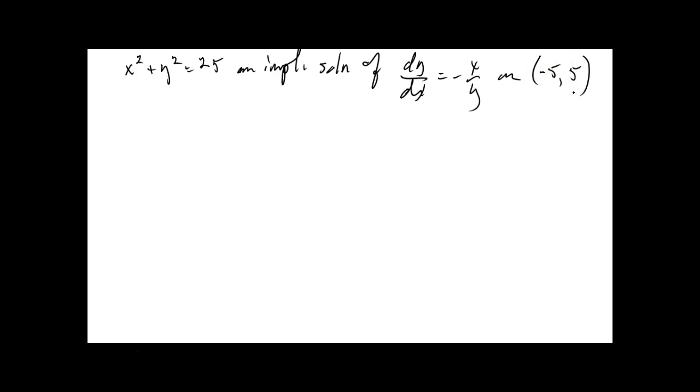Now, I would have been real tempted to say bracket -5 to 5 because that's all covered by the circle. But seems like I see some problems there. -5 to 5 should show the values for your independent variable.